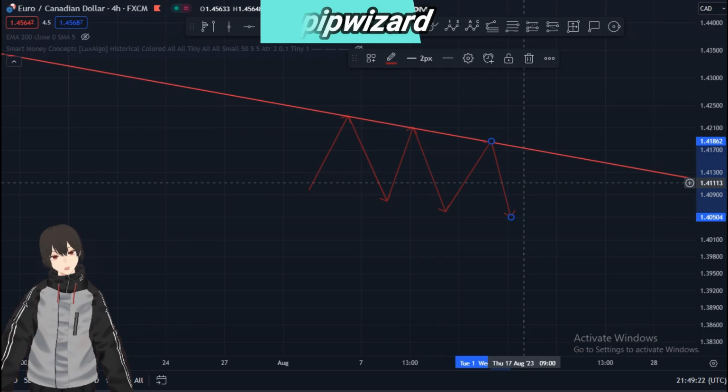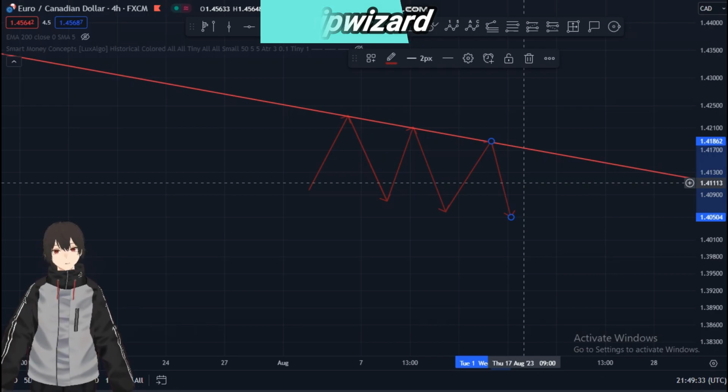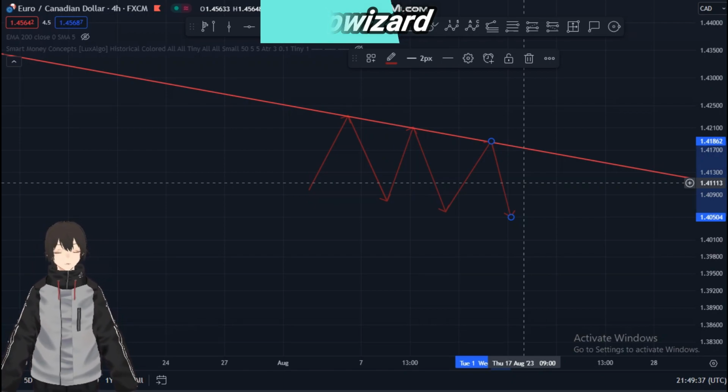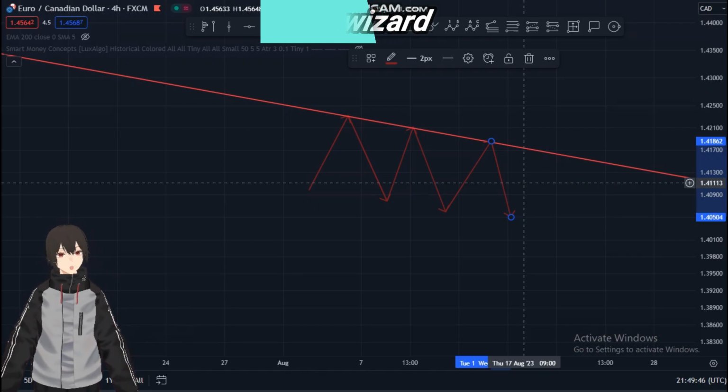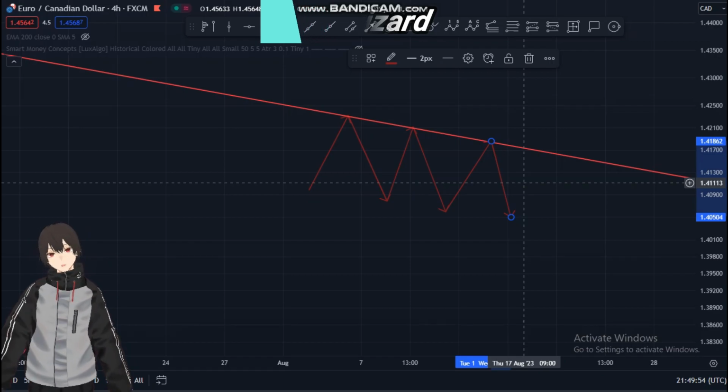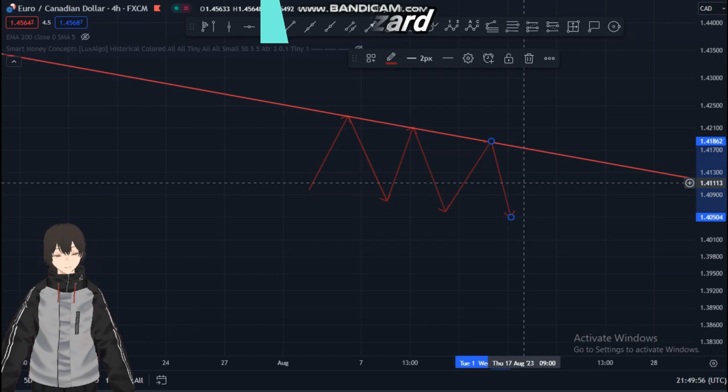Classic technical analysis says that the more touches a trend line has, the stronger it is. But modern price action and modern technical analysis say that any trend line with many touches loses its power.